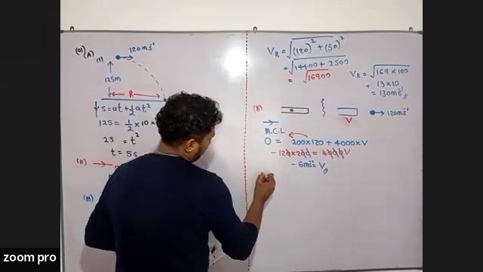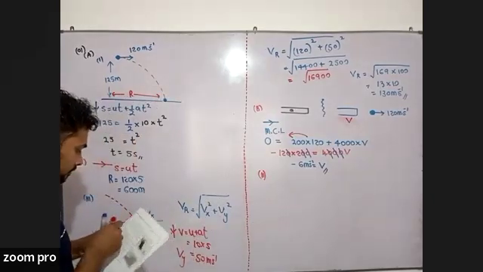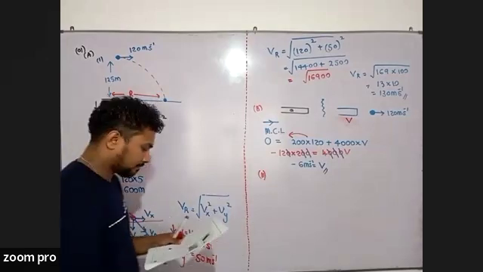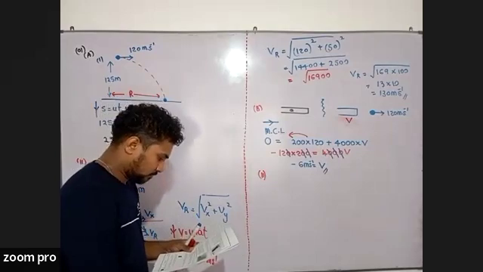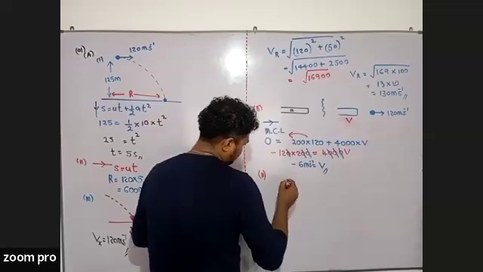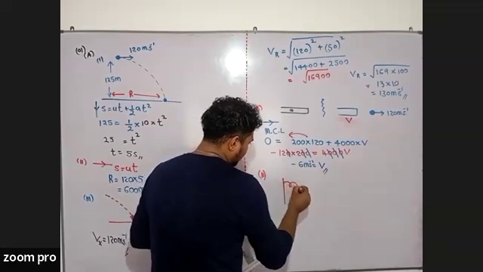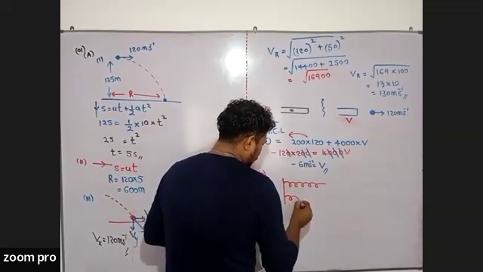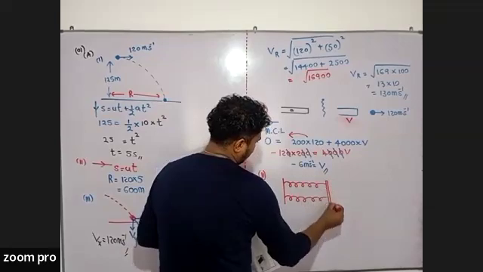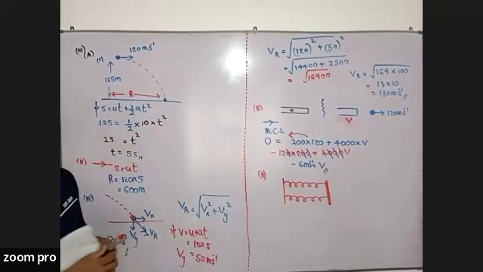Right. So in this instance, now according to the question, it is mentioned that there are two springs connected to this artillery, right?